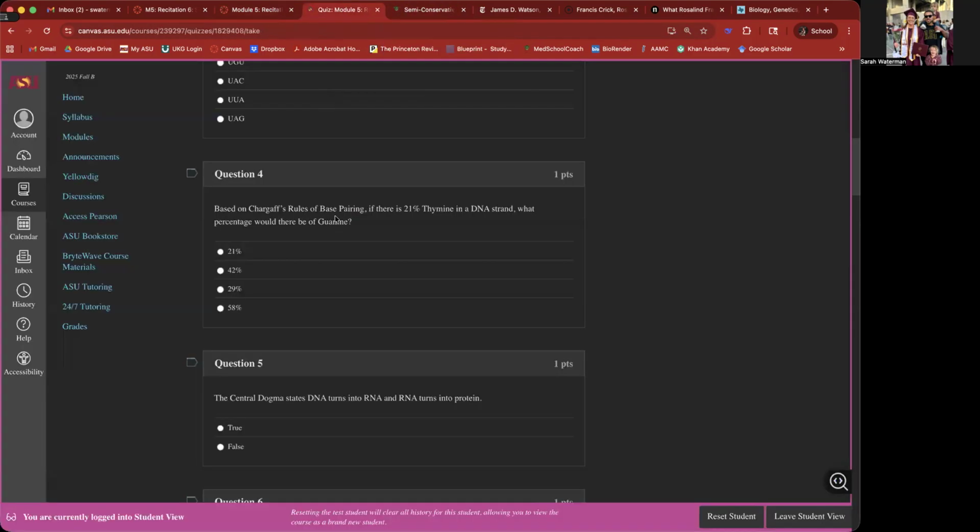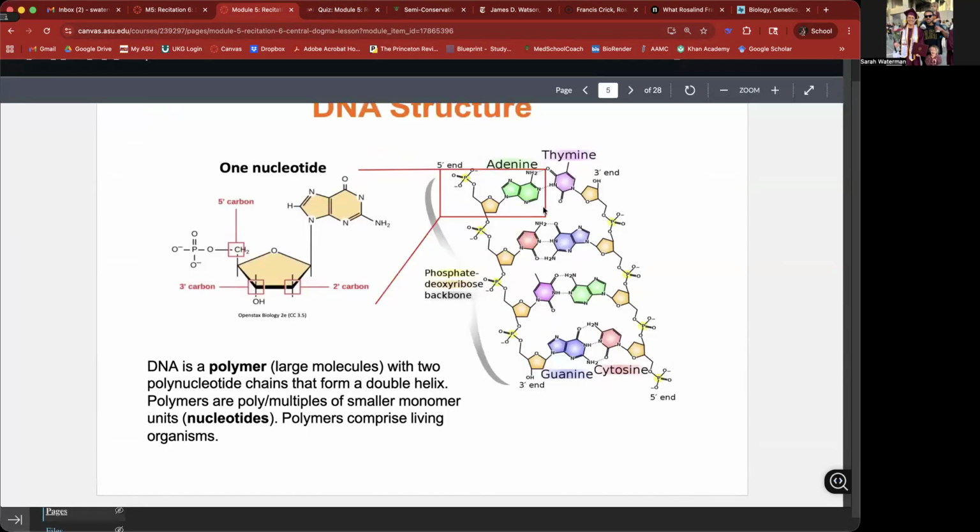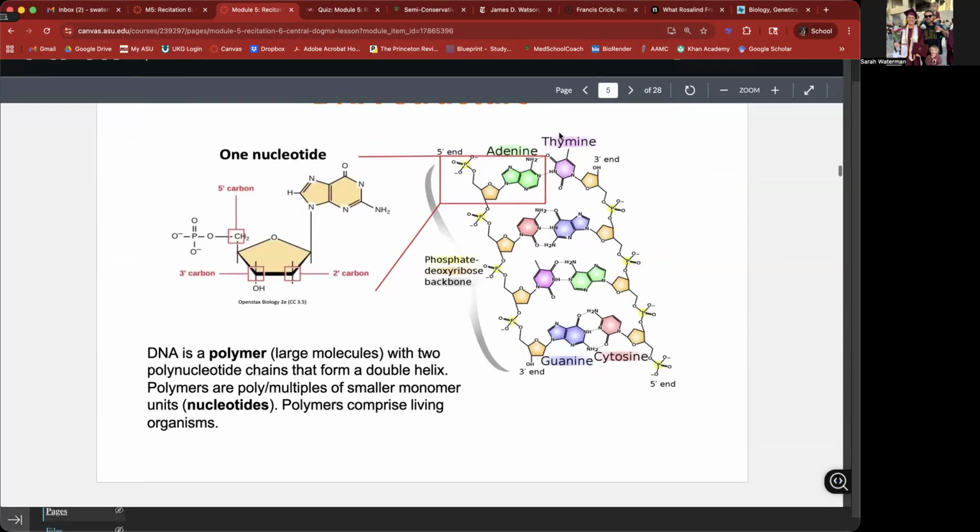So for this, if there's 21% thymine in a DNA strand, what percentage would there be of guanine? Well, we know that guanine and thymine do not base pair together.